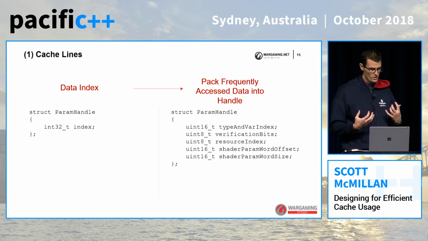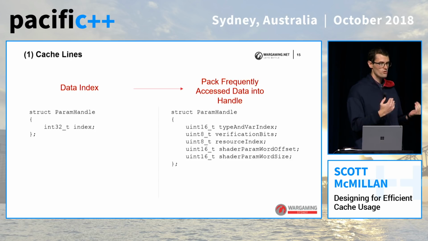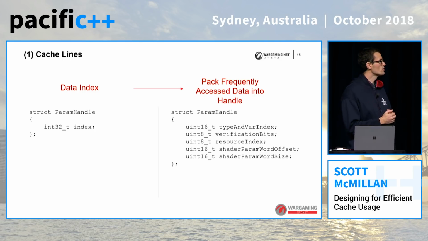So in order to resolve this problem, all the data necessary to configure new properties was packed down into the handle. In order to make this efficient, we had to make some compromises on the ranges of supported values so that this could be packed down into 64 bits. And what we've also experienced here is a bit of a denormalization of the data.